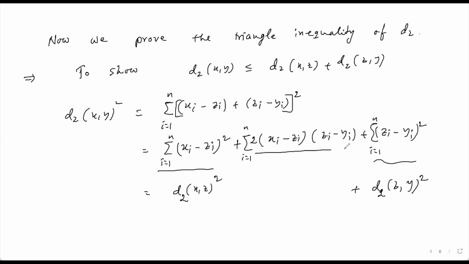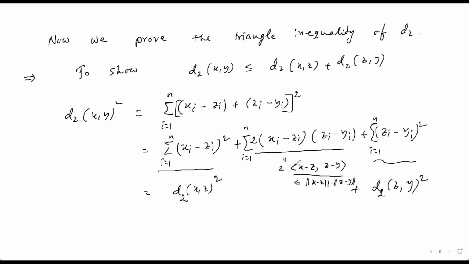And here we use the Cauchy-Schwarz inequality for the middle term, which is 2 times the inner product of x minus z comma z minus y. The absolute value of this inner product is less than or equal to norm x minus z times norm z minus y.